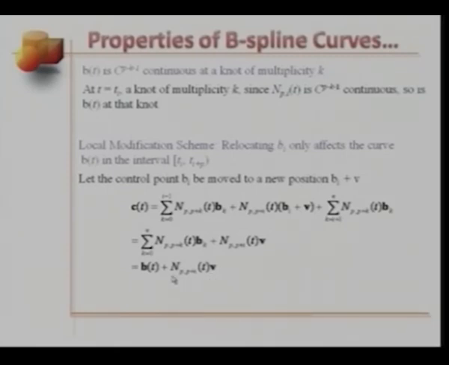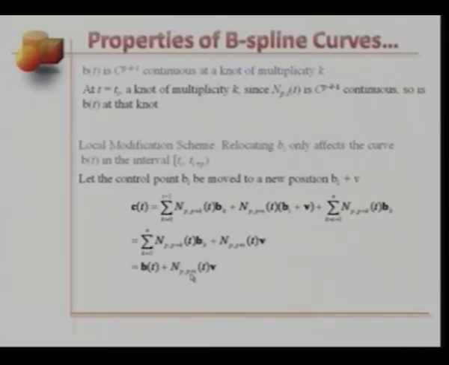Now observe for what values of t would this term be non-zero. Clearly, N_{p+i} stands over the first knot as t_i, p+i minus p, the last knot as t_i plus p.